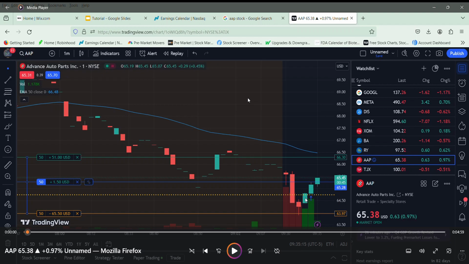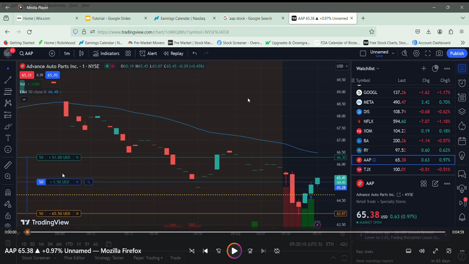Our confirmation to enter into this trade would be another green candlestick. And of course, that minute worth of session trading has to close above the wick of this first green candlestick, which it did.